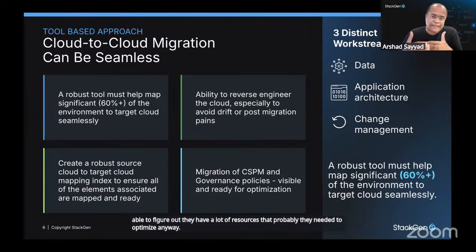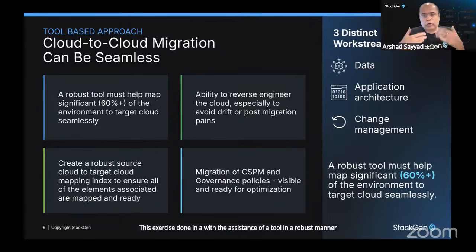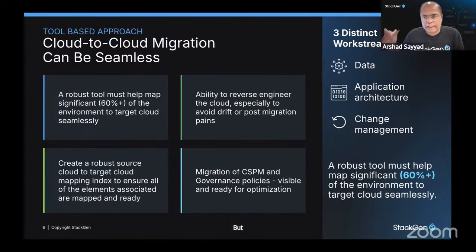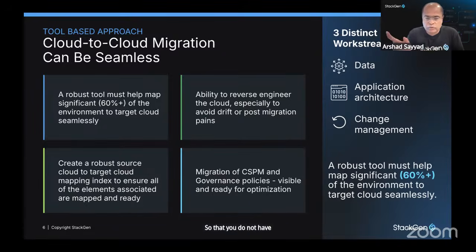So this exercise done with the assistance of a tool in a robust manner can actually throw up a lot of positives. But having an understanding of the runtime cloud, of the source cloud, is very essential so that you do not have problems and you do not have to iterate back and forth to make sure your target cloud is very close, if not exactly similar, to the source cloud.